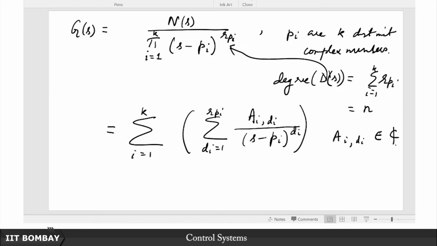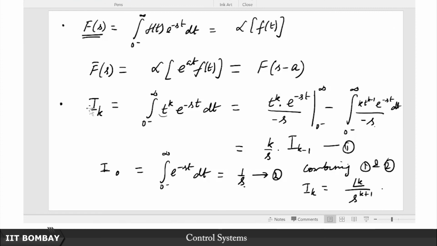So for example, if you have some pole appearing twice, then you will have (s minus p_i) squared. So you will have A_{i1} over (s minus p_i) plus A_{i2} over (s minus p_i) squared. That is what this means. So quickly, if we take an example, it will be clearer. But before we go to the example, let me tell you why we are interested in writing in this form.